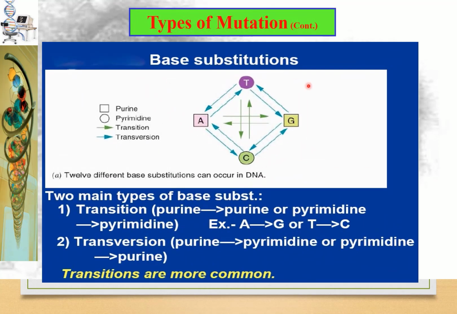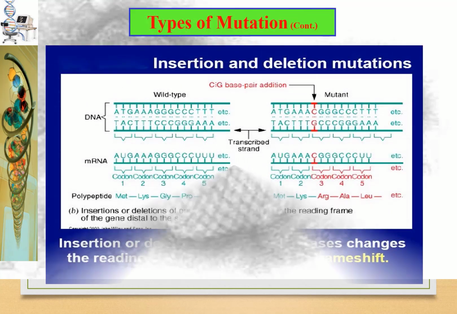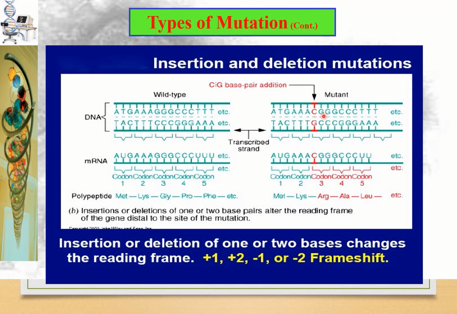Base substitution: two main types, transition, purine to purine or pyrimidine to pyrimidine, and transversion, purine to pyrimidine or pyrimidine to purine. Transitions are more common. Insertion or deletion of one or two bases changes the reading frame.